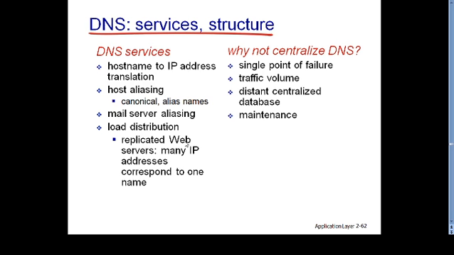So we have server farms in which we have multiple servers with the same IP address, and the Domain Name System is the one which distributes the load of a particular server among the n number of servers present in that server farm. So these are the tasks performed by your Domain Name System.